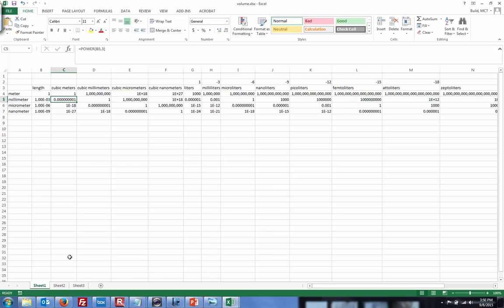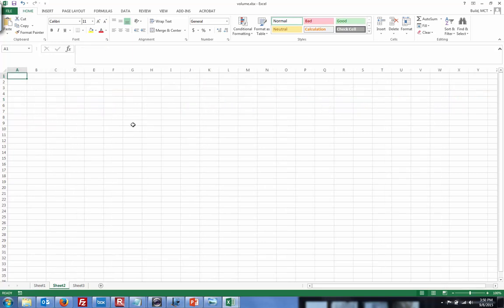But we can do the same thing for energy. So what I suggest doing is coming over here and doing something like this. So joules, calories, BTU, kilowatt hour, etc. And then over here you can go joules, calories.